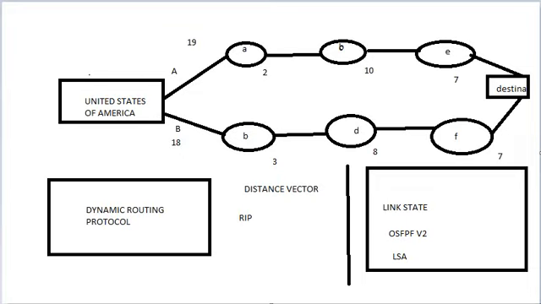Then we know for one router to go to another router what the costs are. So for router A, the cost is 2. To go to B, the cost in this direction is 10, and for router E, the cost in this direction is 7. So the router can add those up and get the cost. This is the cost 19 for path A.